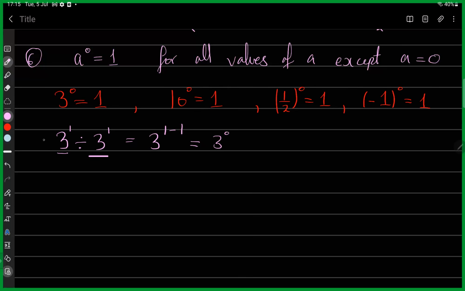And I know that 3 divided by 3 is basically going to give me 1. So this is the idea behind it, but if you were not able to understand this, just consider it as a law. If you have any number with 0 as its power, it is going to be 1. Okay, this was the sixth law.